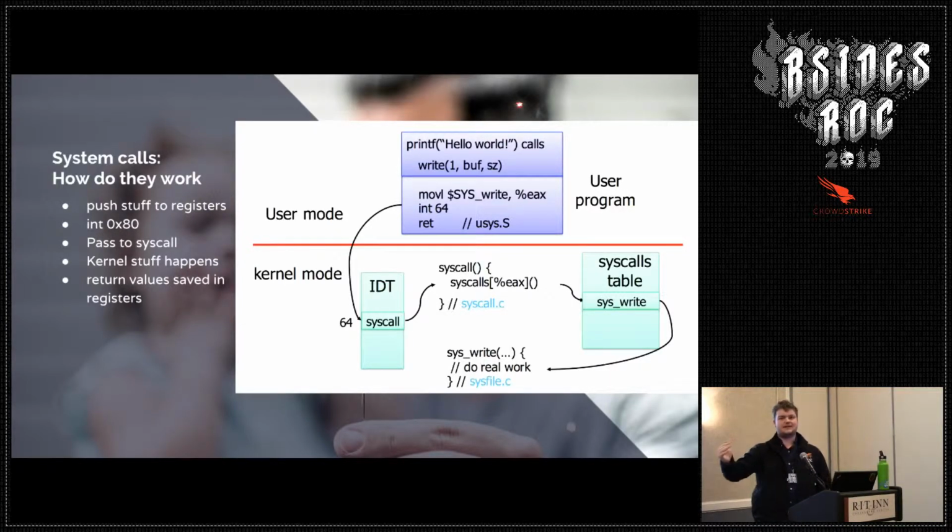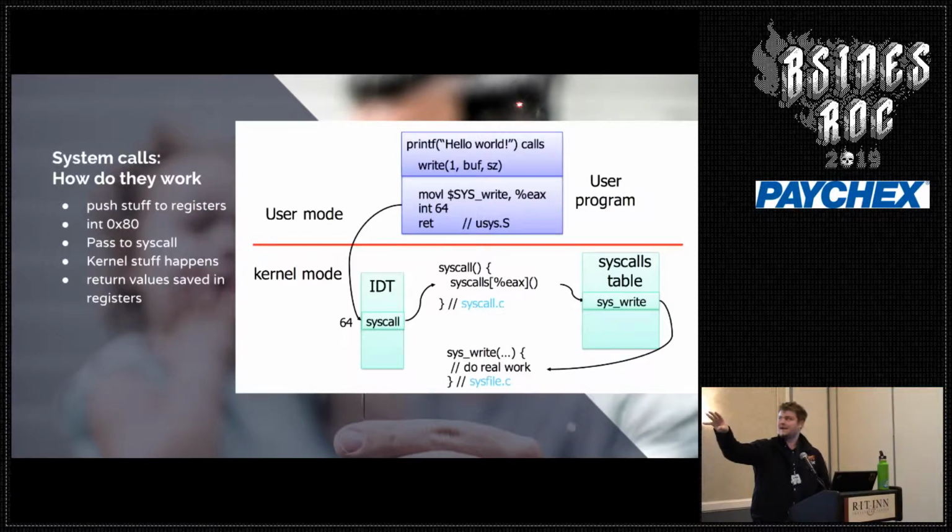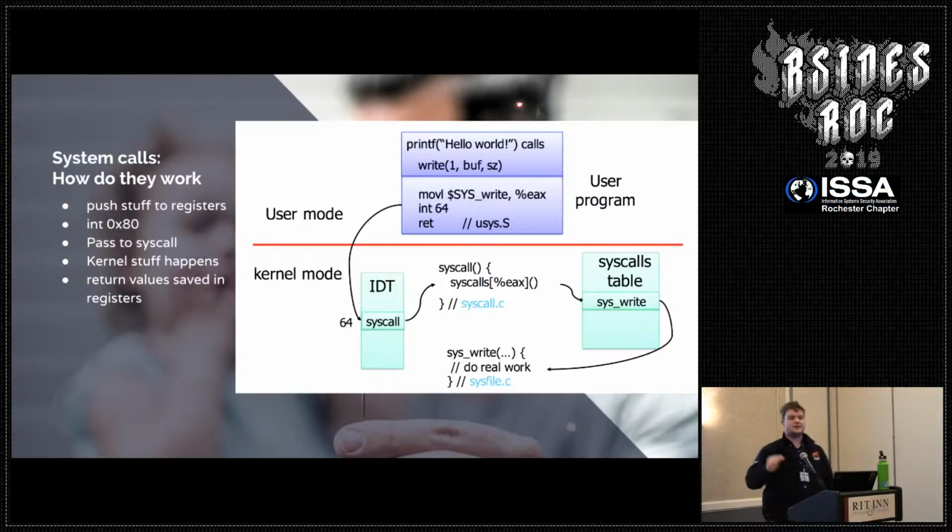The interrupt gets passed to the interrupt handler, which is up in the kernel. It says, okay, this is an interrupt for a system call, I'm going to pass this along to the system call table, which evaluates it and says this is this system call, this is that system call. So if I want to do write, it passes along the source, the data I'm going to print, and the output, so if we're doing standard out, that's that file handle, etc. After that, it does the work and returns back to user space, all from that one interrupt.